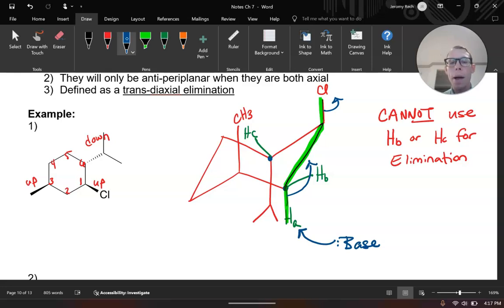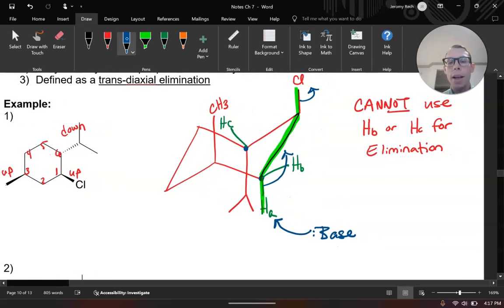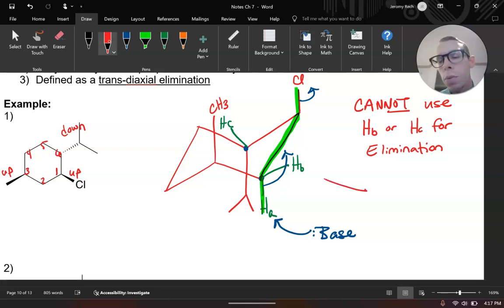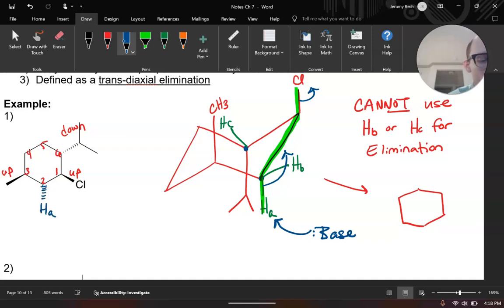Now, if I'm going to draw my product, I can only draw my product as an actual ring. I'm not going to draw my product as a chair, because we're going to have issues with my bonds in terms of my angles. So if I'm thinking of what my groups are, the hydrogen that we eliminated, my specific HA, is a dashed, because it needs to go down over here.